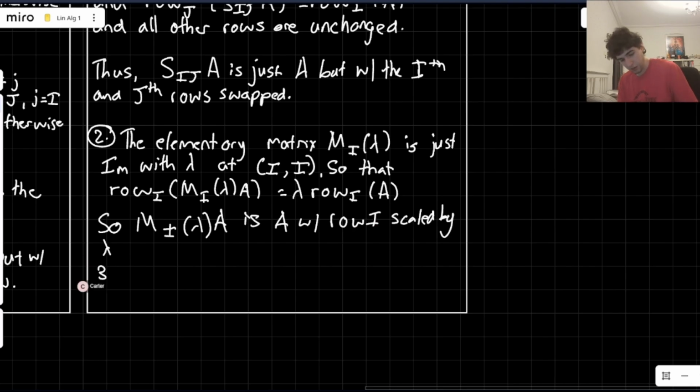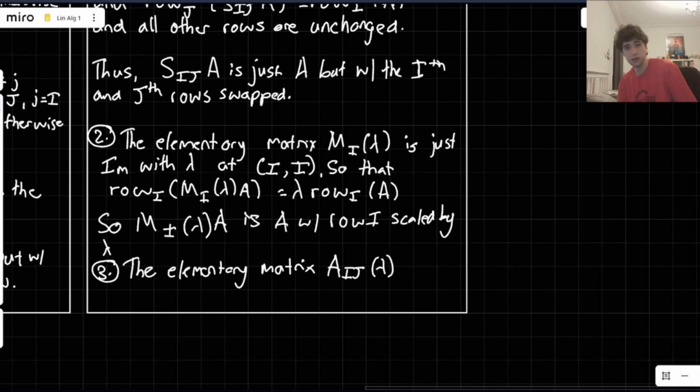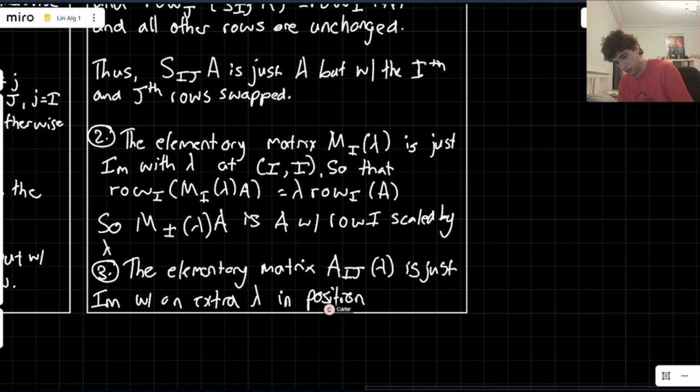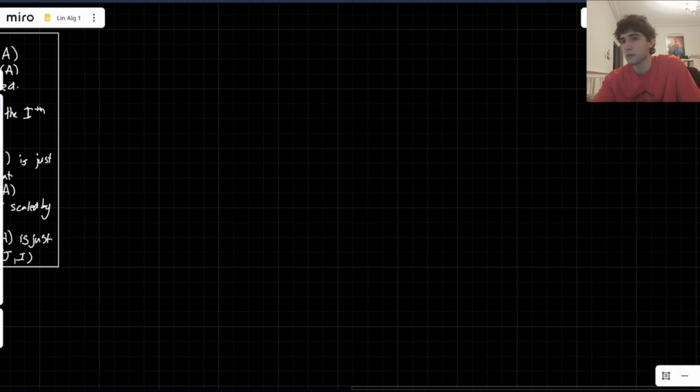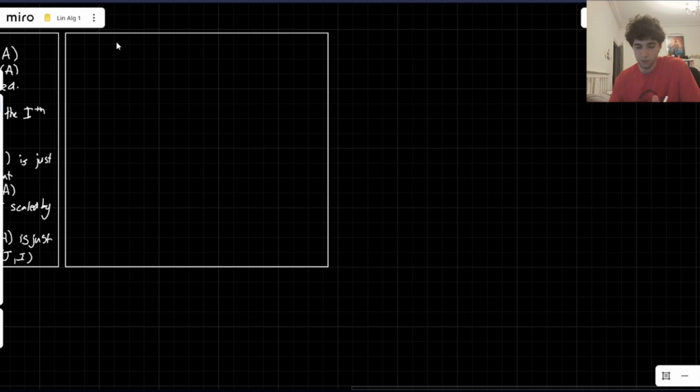Okay, and then the last example that we need to look at is the elementary matrix capital A subscript I J of lambda. So the elementary matrix A subscript I J of lambda, again, this is just what we've been noticing the whole time, is just the m by m identity matrix with an extra lambda in position J I. Okay, and again, we're going to notice exactly what you'd expect.